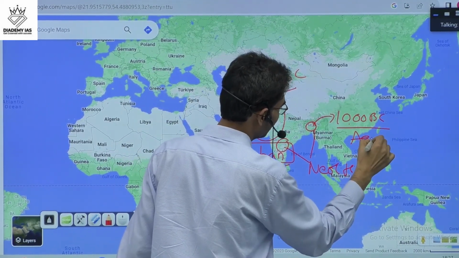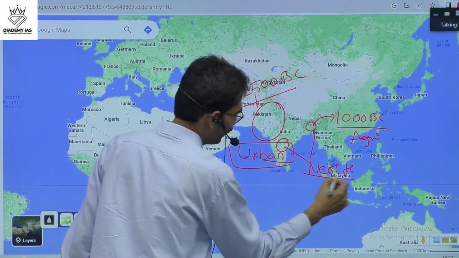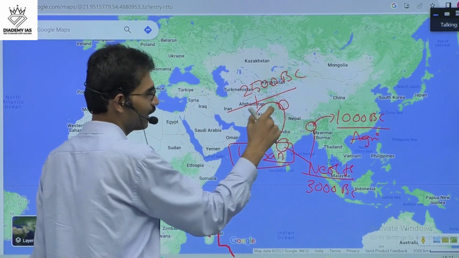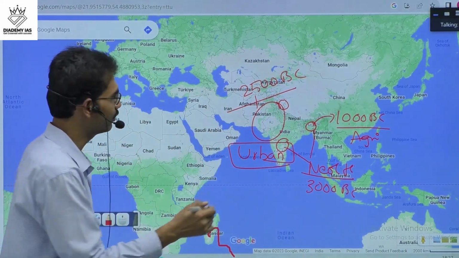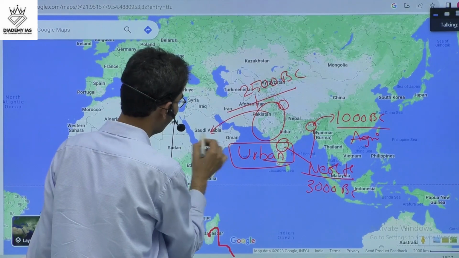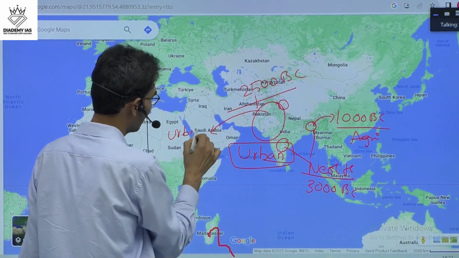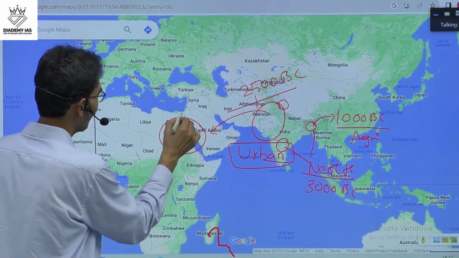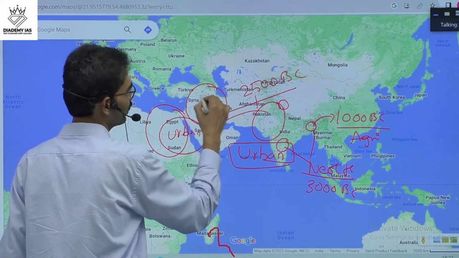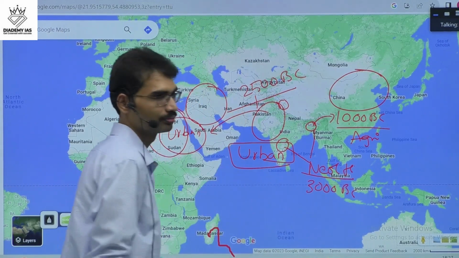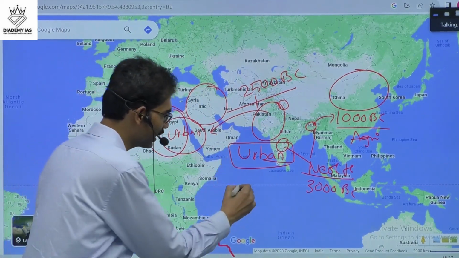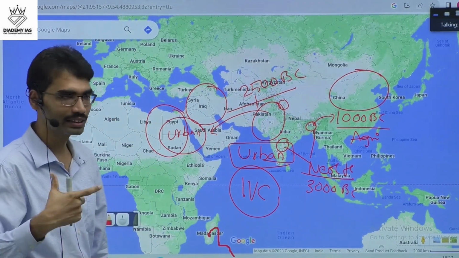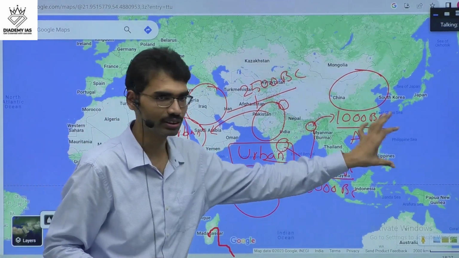That means agriculture started. But you see, when these other areas are living in the village setup, this area lived in urban areas with a highly advanced nature. And it is also the period when in other areas also this kind of civilizations emerged. We call this civilization the Indus Valley civilization because near the Indus River this civilization emerged.